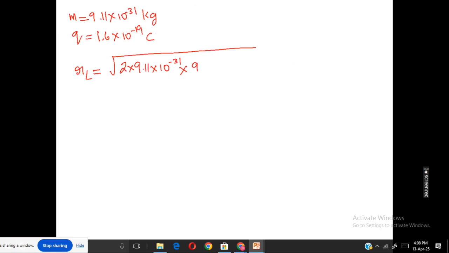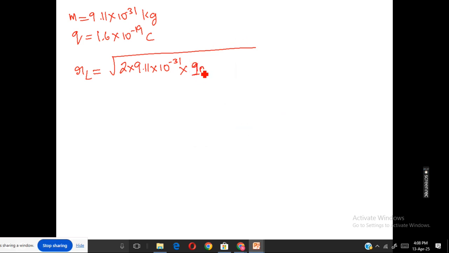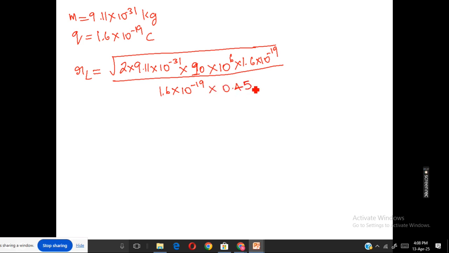Mass is 9.11 into 10 raised to minus 31 and kinetic energy is given as 10 into 10 raised to 6 into 1.6 into 10 raised to minus 19, divided by 1.6 into 10 raised to minus 19 for q into B. B is 0.45 into 10 raised to minus 4.